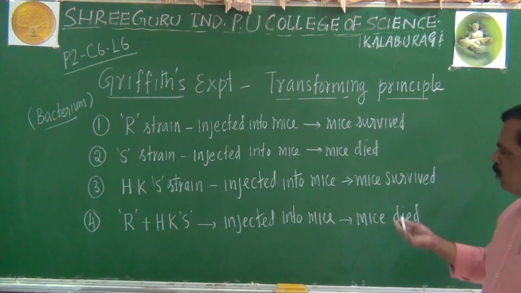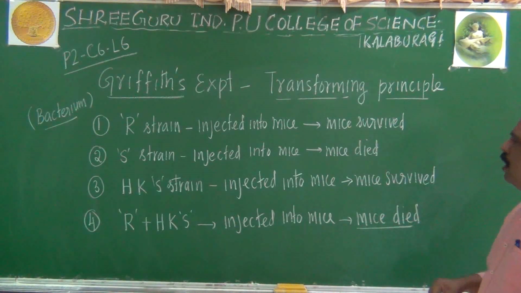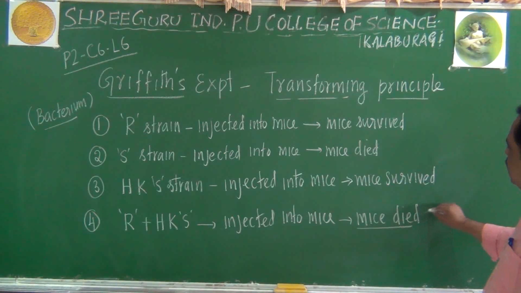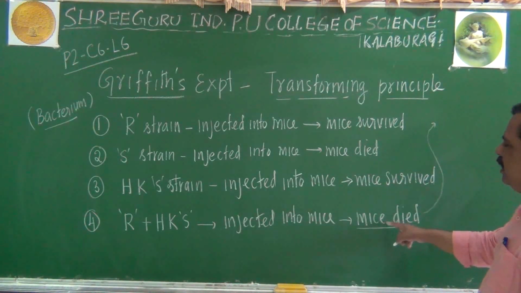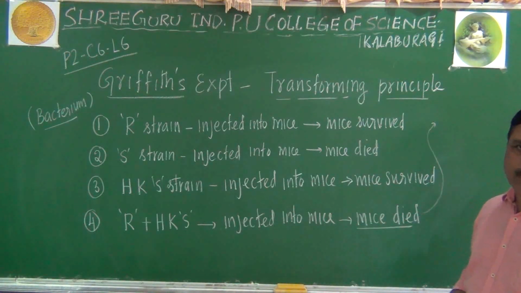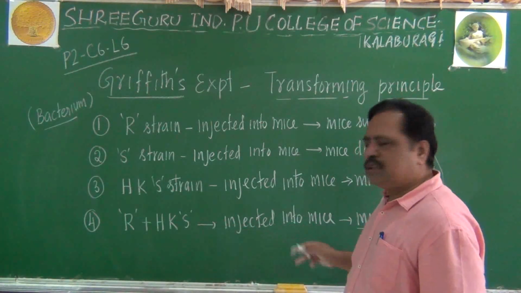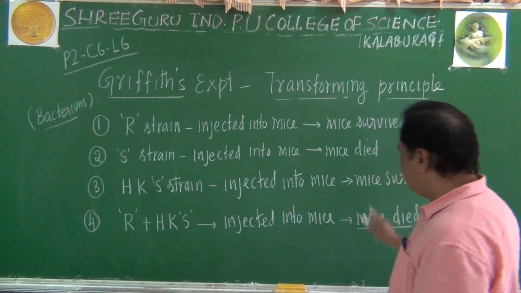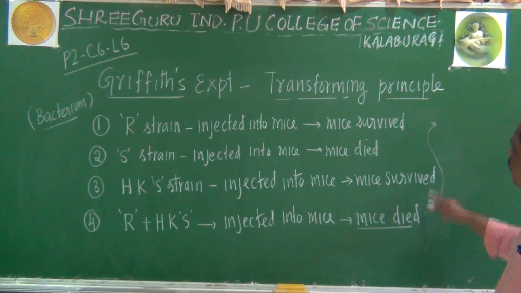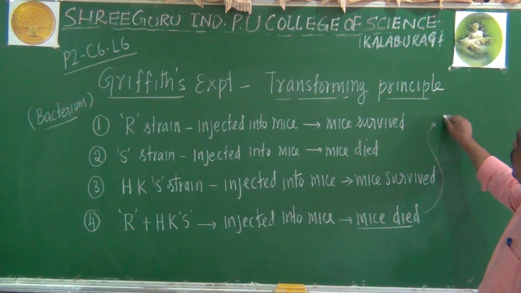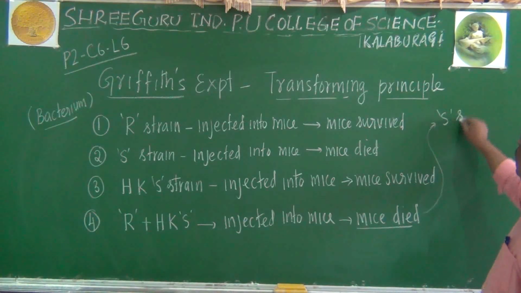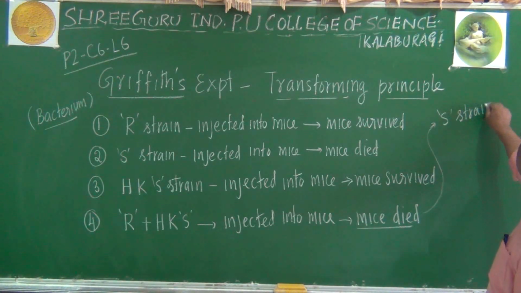What is happening? What Griffith did was collect the blood of these dead mice from the fourth experiment. From the blood and other tissues of these dead mice, he found that there was living S strain present in the body.